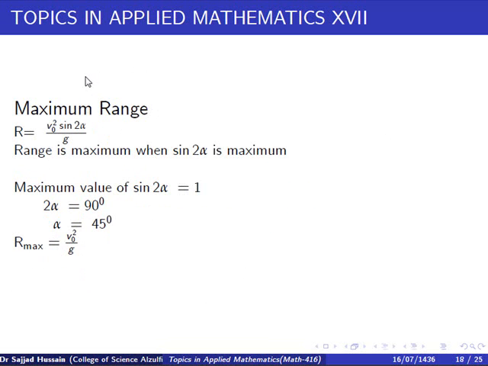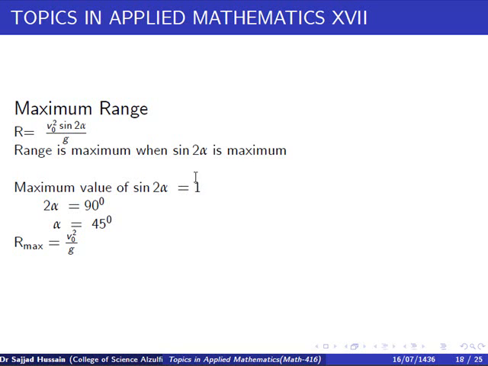Maximum range. We know that the horizontal range is equal to v naught square sin 2 alpha over g. Here v naught is constant, g is constant. The horizontal range is maximum when sin 2 alpha is maximum, and the maximum value of sin 2 alpha is 1.